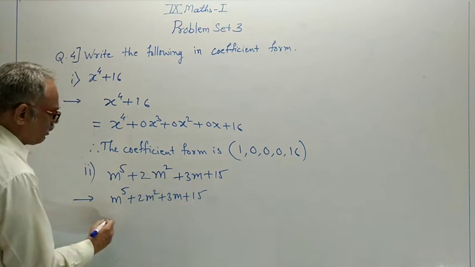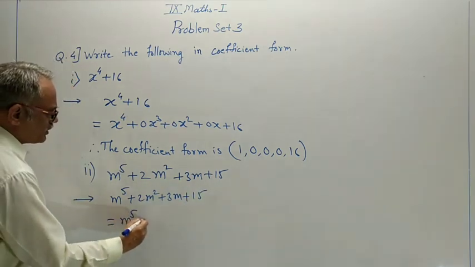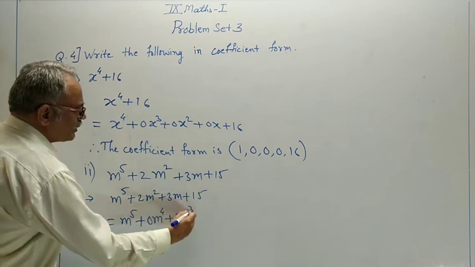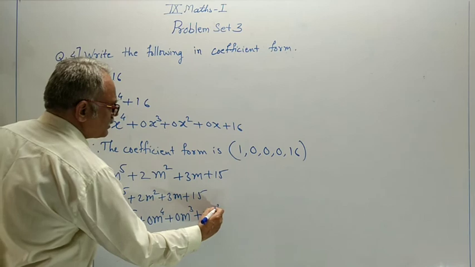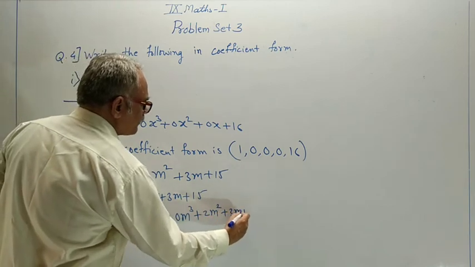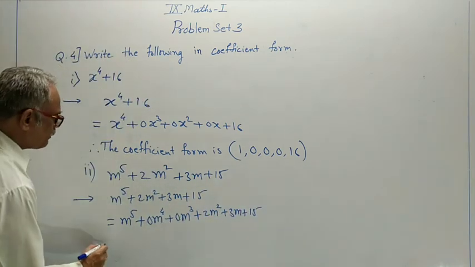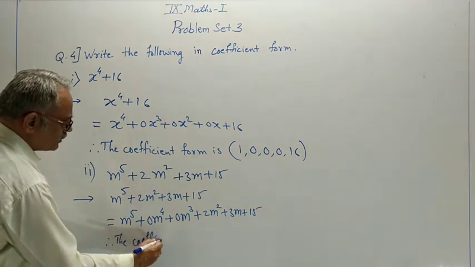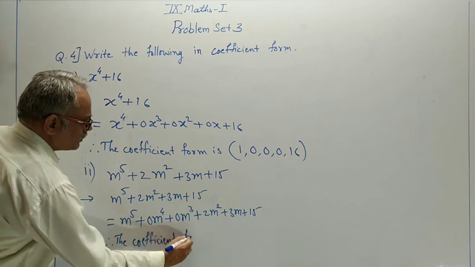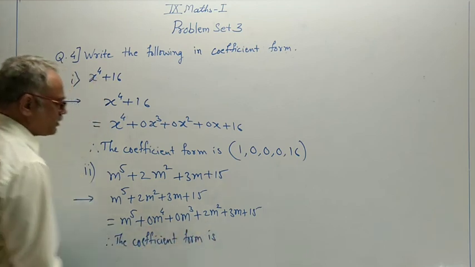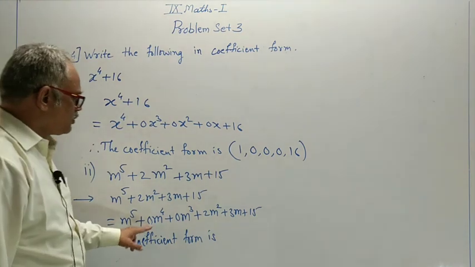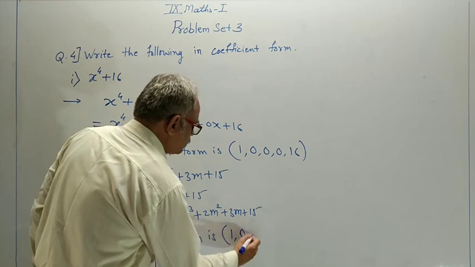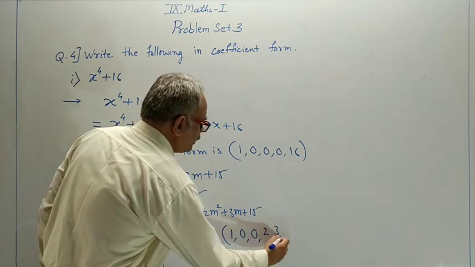Write along with all the terms: m raised to 5 plus 0m raised to 4 plus 0m cube plus 2m square plus 3m plus 15. All terms are written. Therefore the coefficient form is 1, 0, 0, 2, 3, 15.